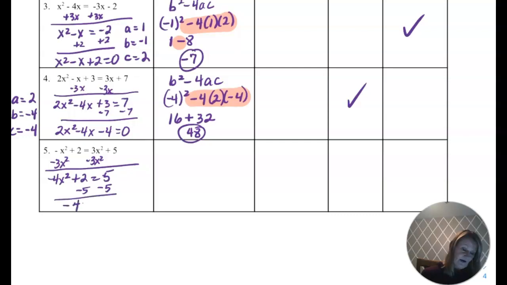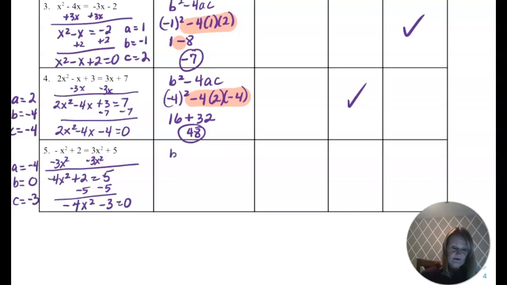So negative 4x squared minus 3 equals 0. Okay, so a in this case is negative 4. B is 0. See, there's no b there. And c is a negative 3.